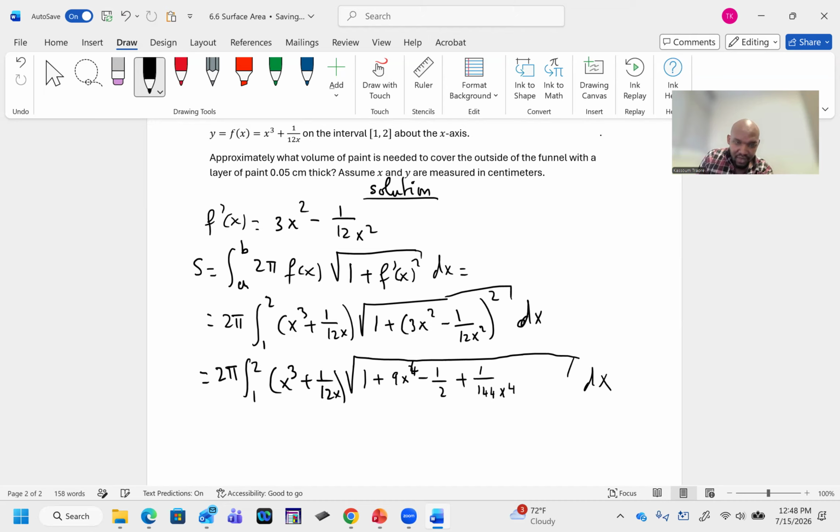So if I simplify this one, do you see 1 minus 1/2 will be 1? So it will be plus 1, right? Which is what?